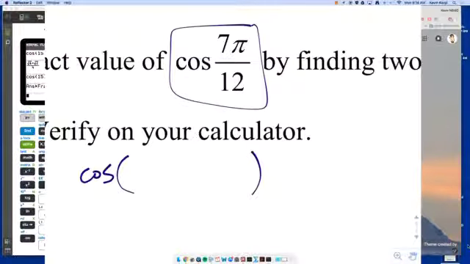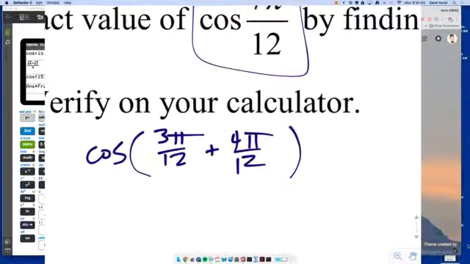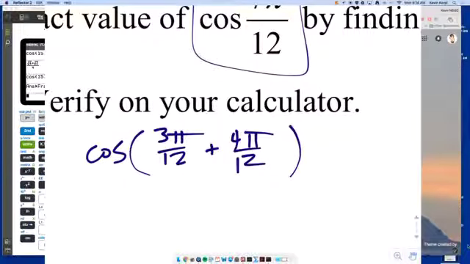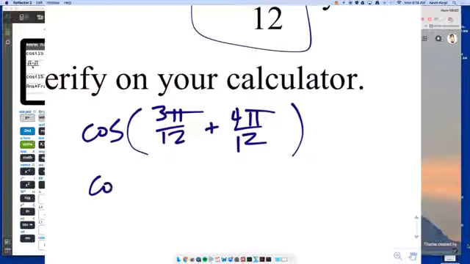If you write 7 pi 12ths then as 3 pi 12ths plus 4 pi 12ths, 3 and 12 have a common factor other than 1, and 4 and 12 have a common factor other than 1. And because of that, you can do what with those two fractions? You can simplify them. All right, so that's the key.